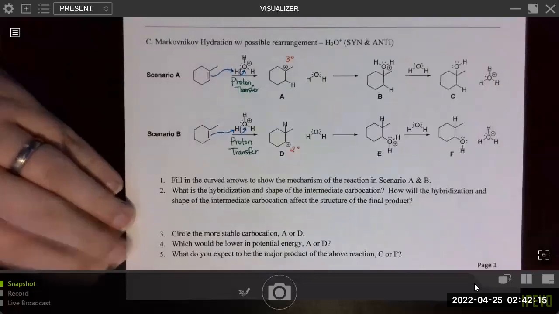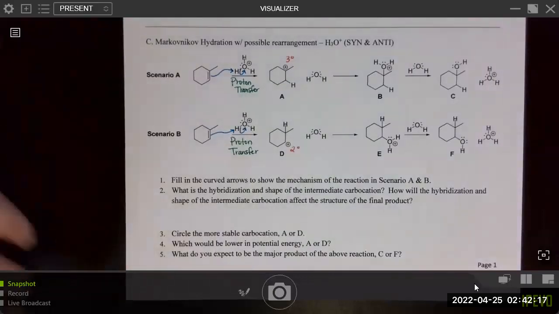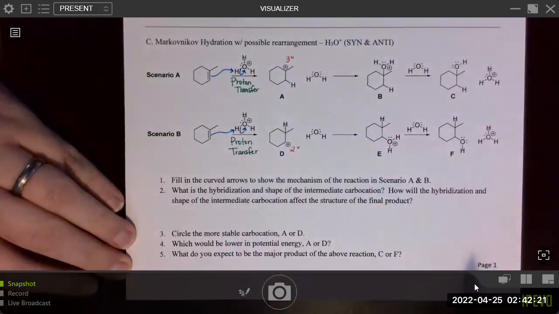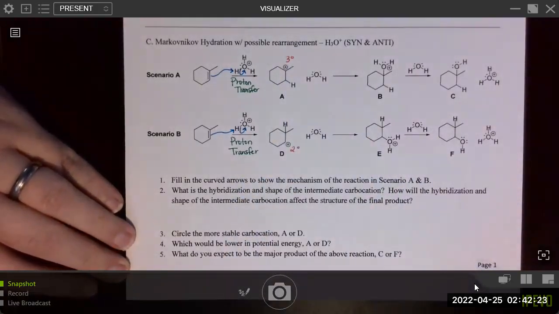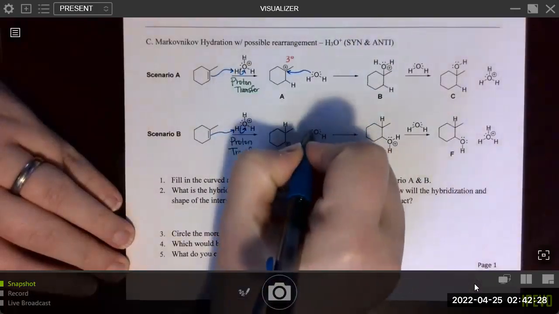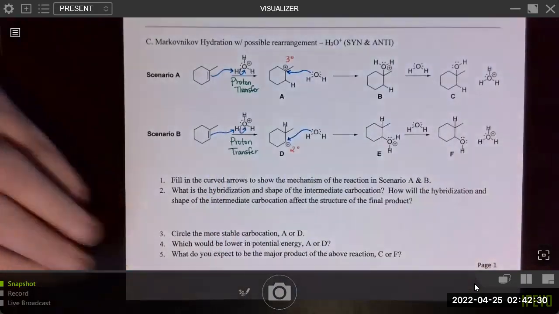All right, next it looks like we have nucleophilic attack. The water now can attack the resulting electrophilic center. So this is then a nucleophilic attack.